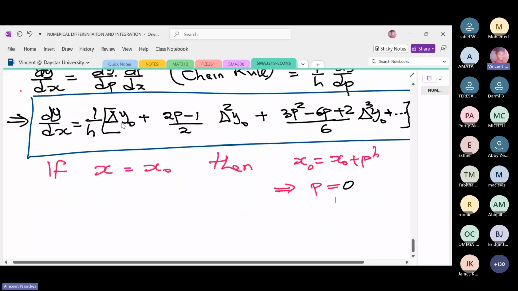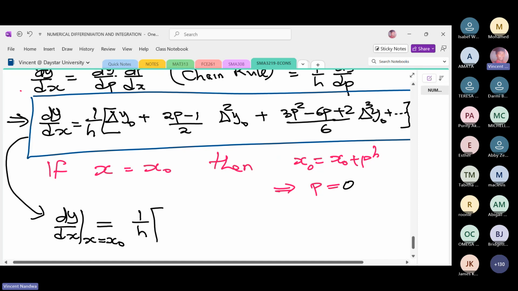So this formula will now be dy dx at the point when x equals x naught is the same as 1 over h into forward of y naught.